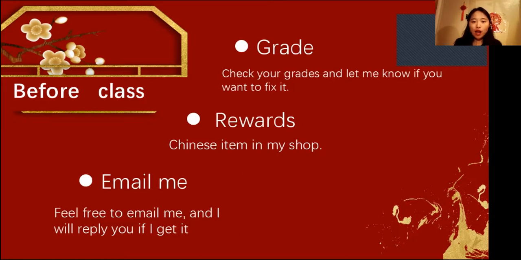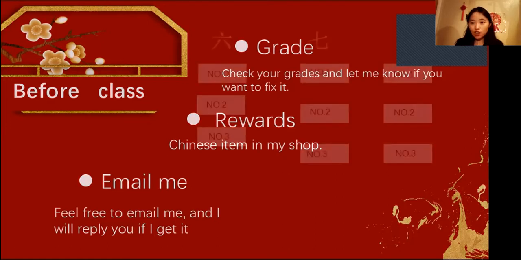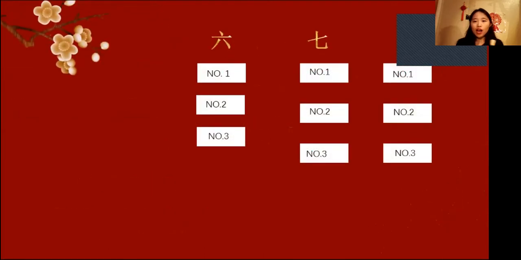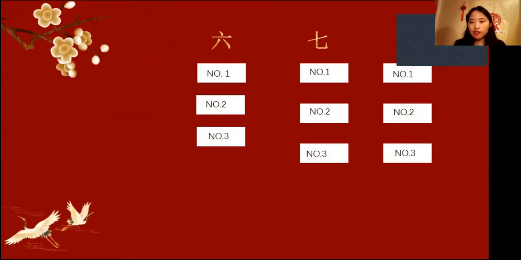Then let's talk about how you get the items from the Chinese shop. You have 6th, 7th, and 8th grade, great. From this video to the end of the semester, you have 6 videos to learn and to watch.